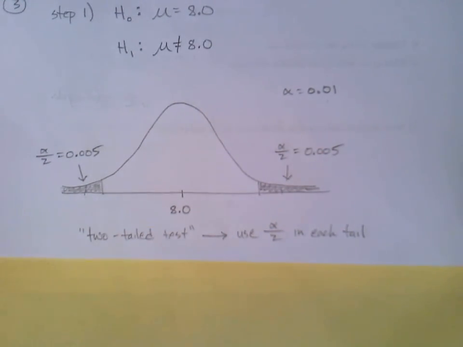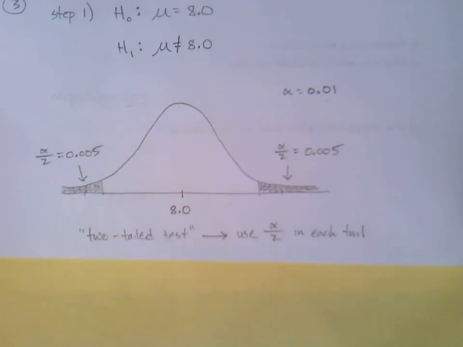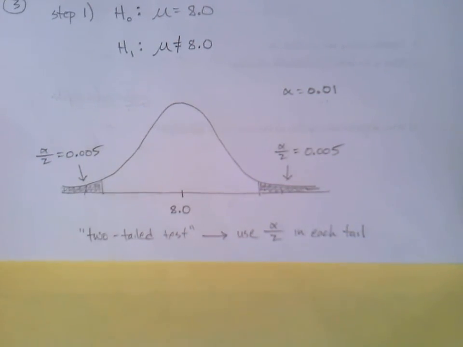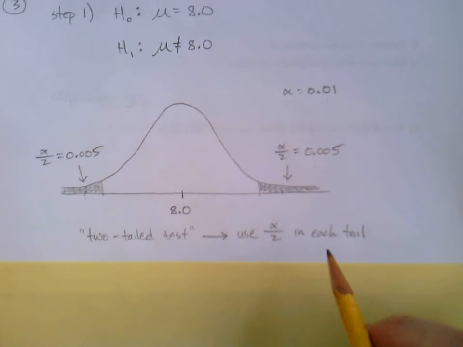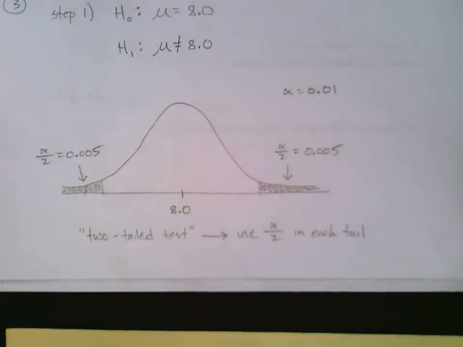When you read the problem, know that that alpha needs to get cut in half, a little above, a little below. We would refer to this as a two-tailed test. Use alpha over 2 in each tail, the upper tail, the lower tail. Okay, so that's going to be important when we get to step 4, when we compare the p-value and the significance level. Okay, let's move on to step 2.